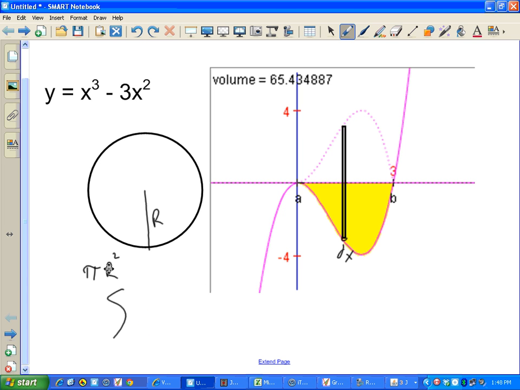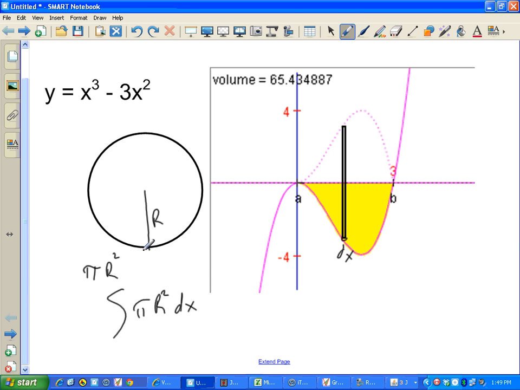The thing that's getting added up is my area: I've got the area of the disc times the width of the disc. I'm going to have a bunch of these added up and take the limit as the width gets smaller and smaller and smaller.